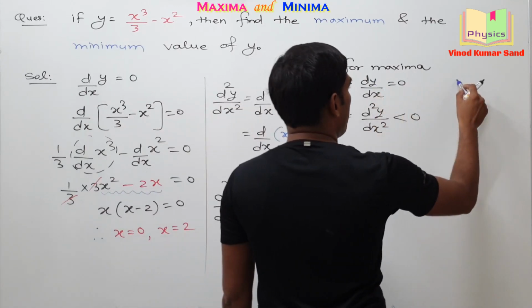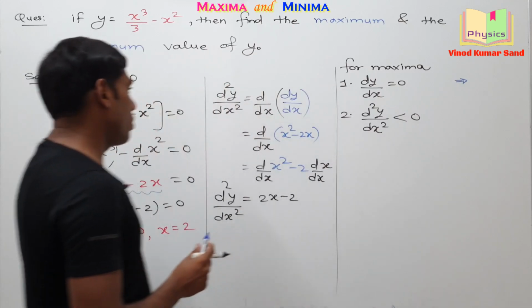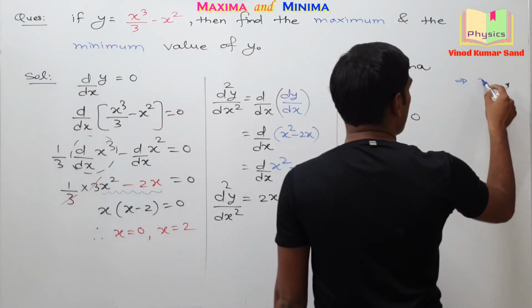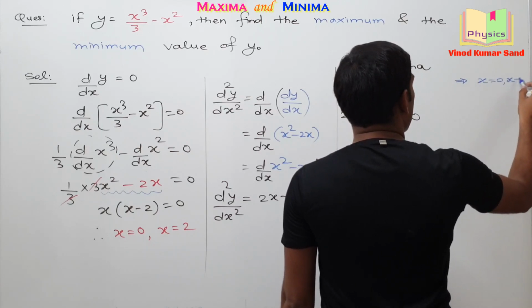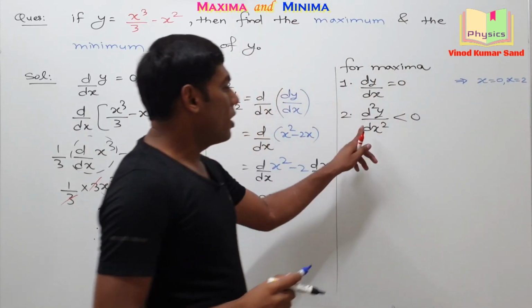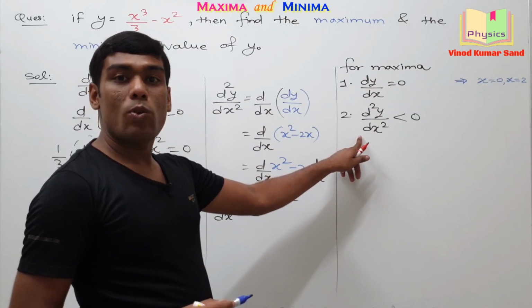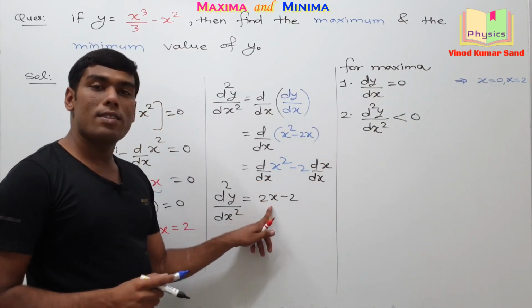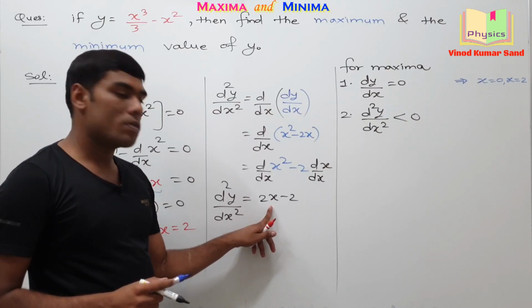When you do dy by dx is equal to 0, then what you get? X is equal to 0 and x is equal to 2. Do you agree? When you do d2y by dx square less than 0, it will give you what?